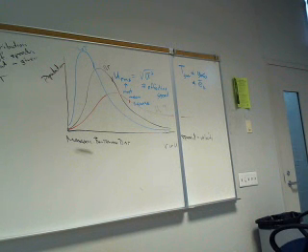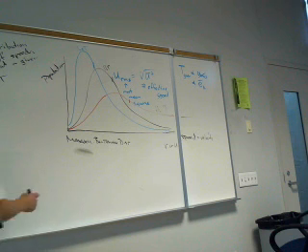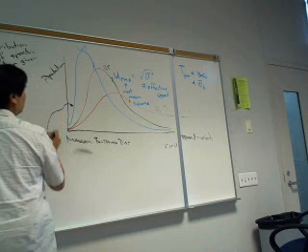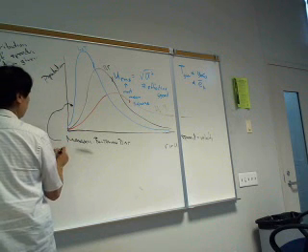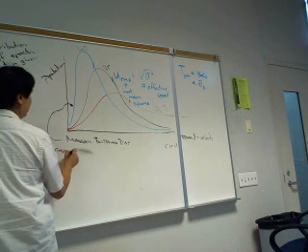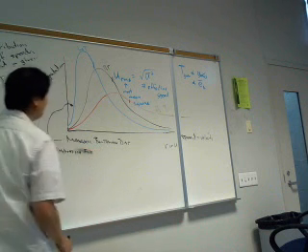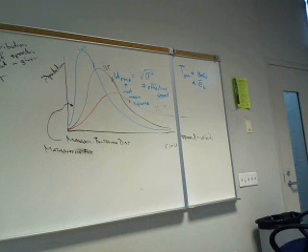Now, we want to calculate some stuff. Calculating this distribution is not so easy to do. Although we can fit this to some equation, we do a mathematical fit, and we can generate the equation of that distribution.